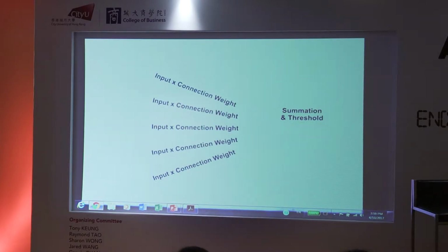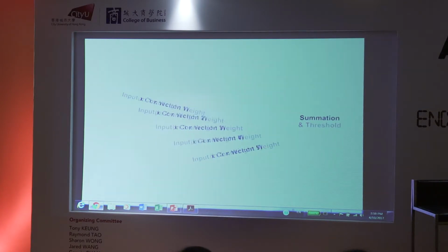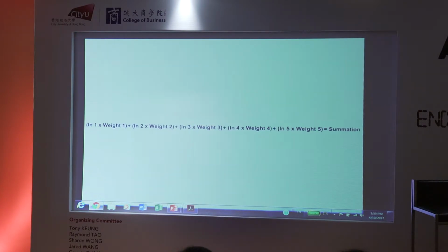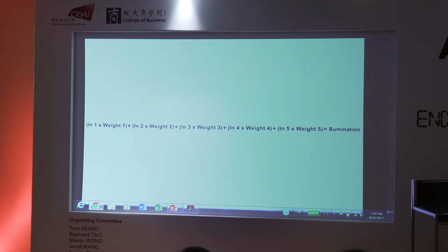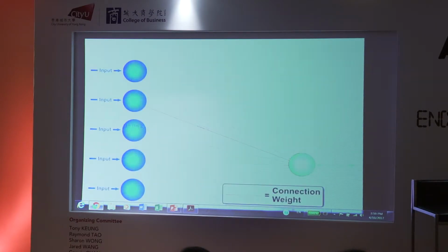For those that are mathematically inclined, this will look similar to a polynomial. A polynomial is limited to the problems it can solve for, as shown in this graph of an order 5 polynomial. If this is all artificial intelligence could do, it wouldn't be much use. As with the brain, artificial neural networks' power is in connecting sets of neurons together in layers.